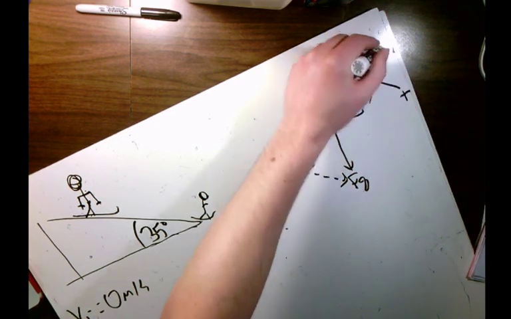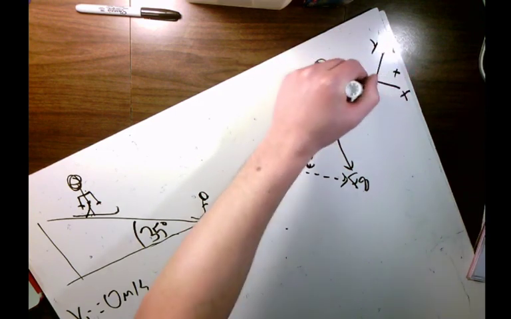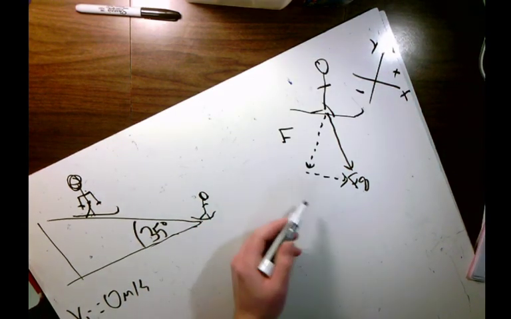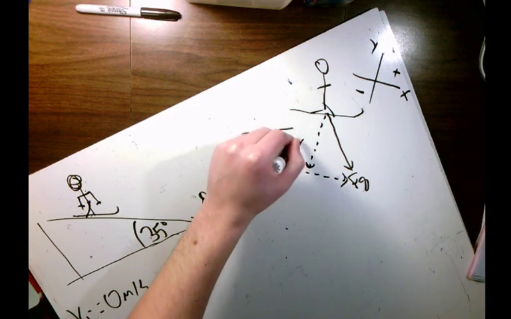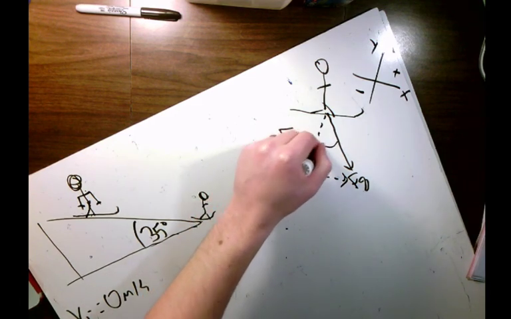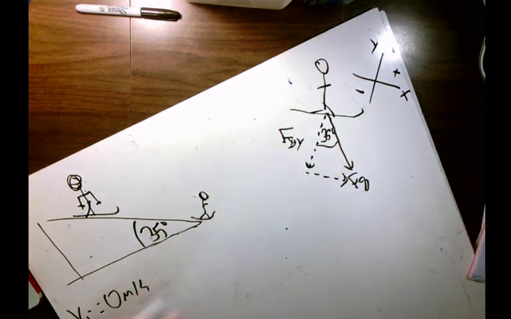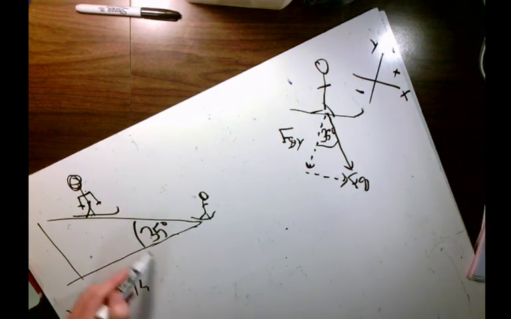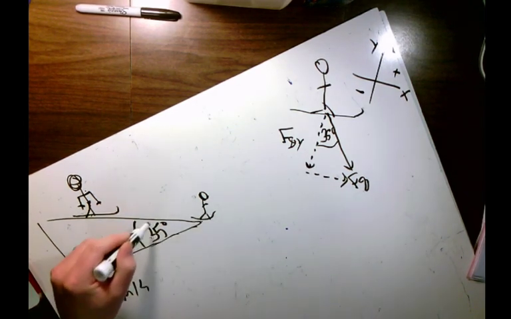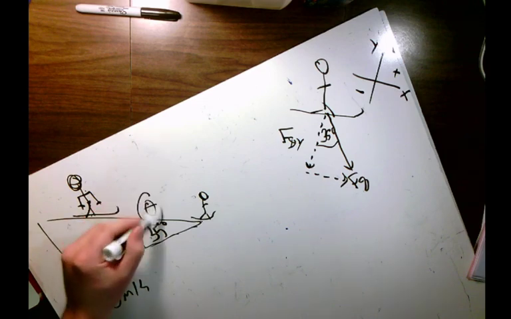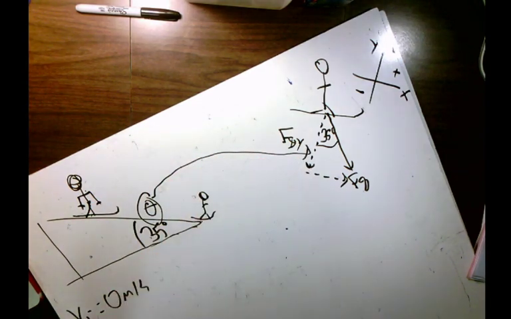We have our x and our y, where this is positive and this is negative. So force of gravity y is making a 35-degree angle, coming from the angle of the incline. This is the same angle used there.